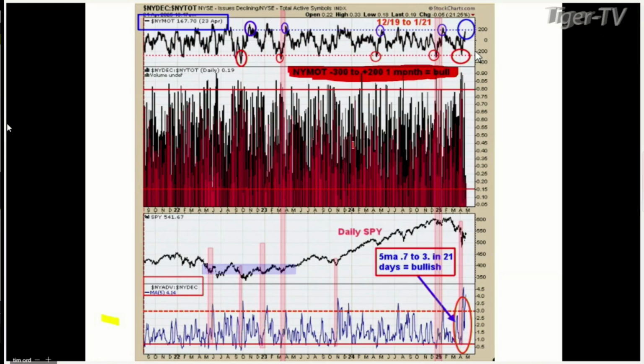It wasn't close, but if it does trigger, that adds fuel to the bottoming process, because the Zweig breadth thrust indicator doesn't trigger unless there's a bull market forming. So that's the reason why I'm thinking the worst case scenario is an April 7th test. Sure. And that's going to form the bottom. So I'll look at the Zweig breadth thrust indicator tonight.